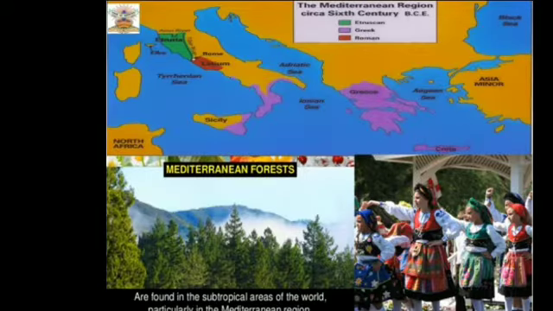This Mediterranean region, students, stands out due to its local conditions. Why? Because of the local condition. Children, it is also known for its rainfall in winter. Why is the Mediterranean region known for this?